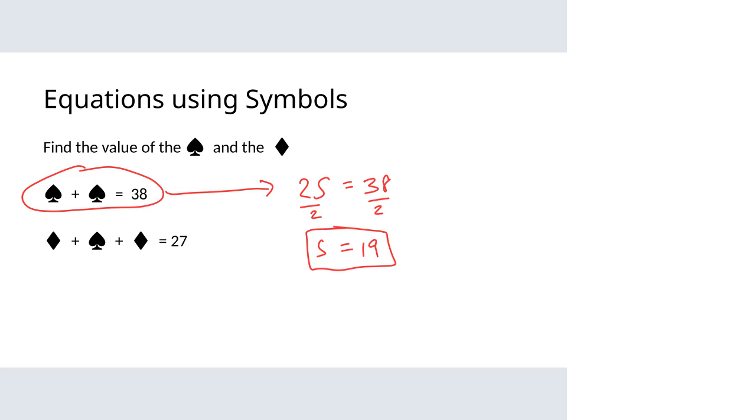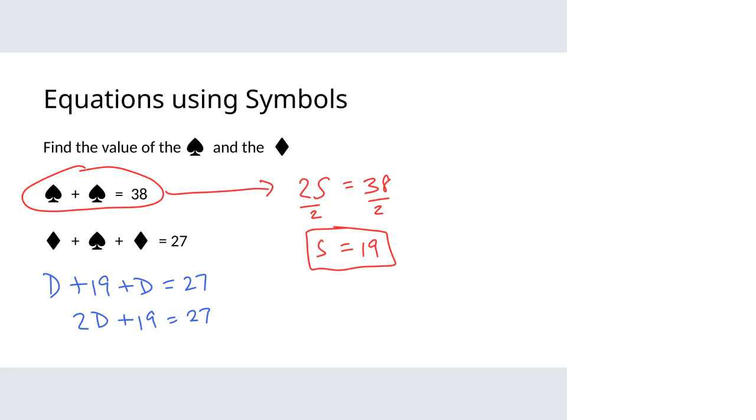And now once I know that the spade is 19, I can plug that into the other equation. It's a little bit like what we did with Josh and Rachel just a minute ago. If I know the spade is 19, now I have diamond plus 19 plus diamond is 27. I can simplify that. 2 diamonds plus 19 is 27. And now we just need to finish solving this up.